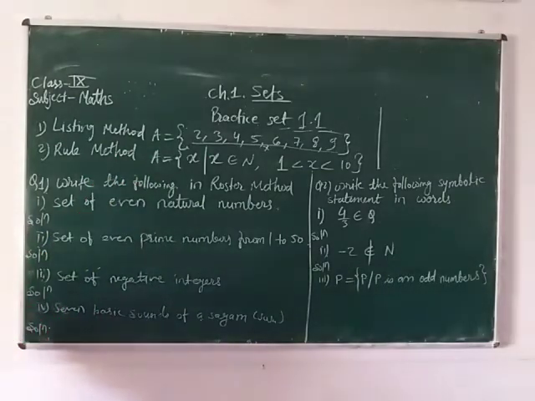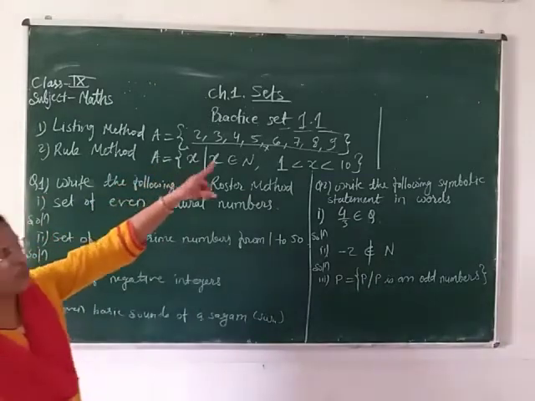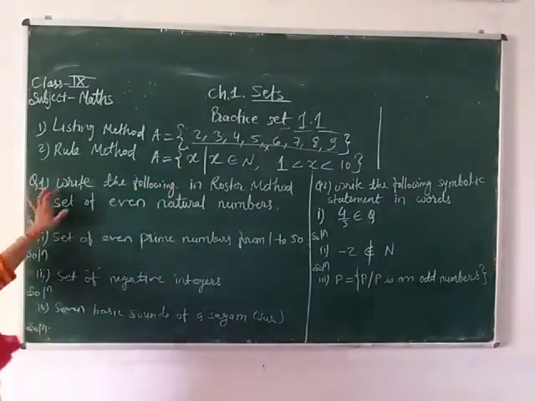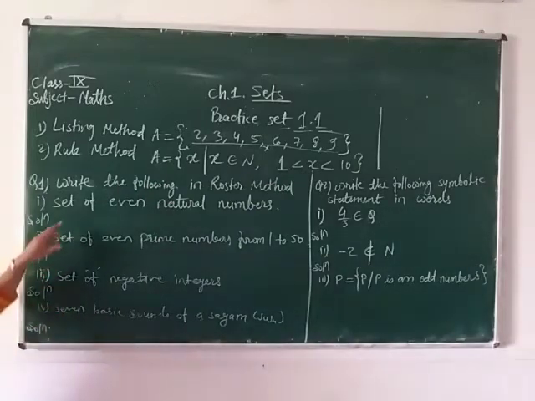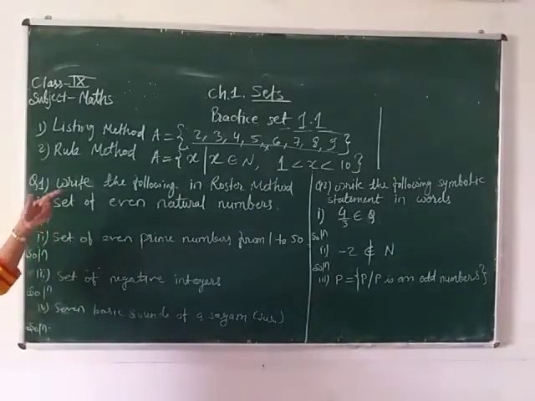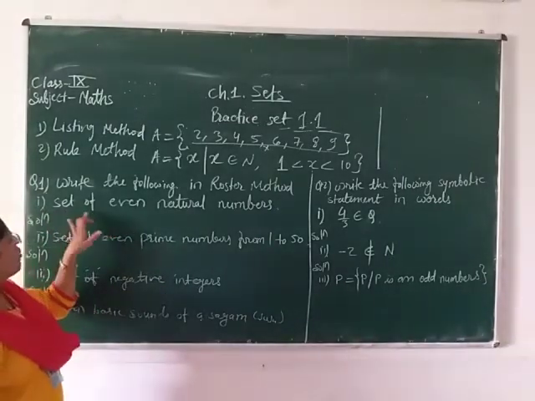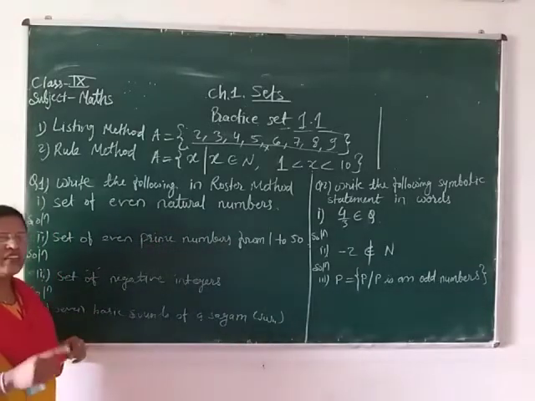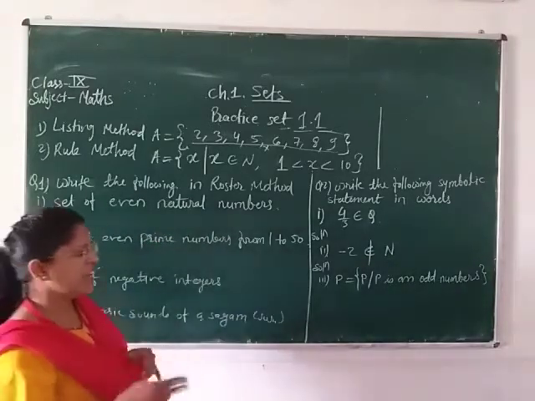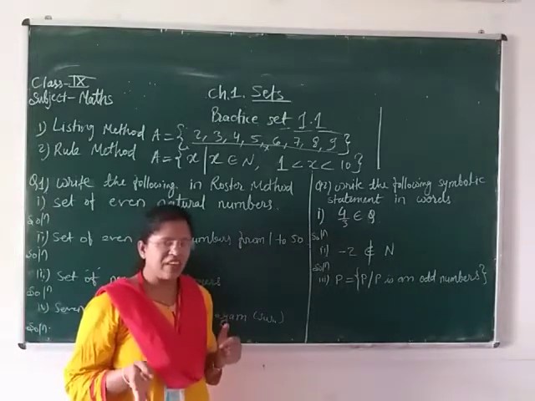Now here we have to take examples. Question number 1 from practice set 1.1: write the following in the roster method. Set A, the set of even natural numbers. You know about even natural numbers.